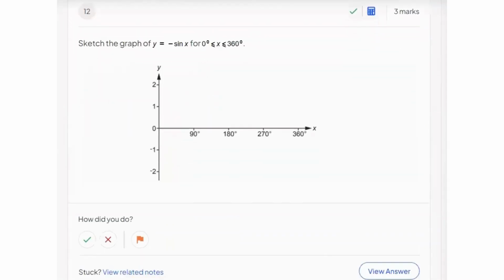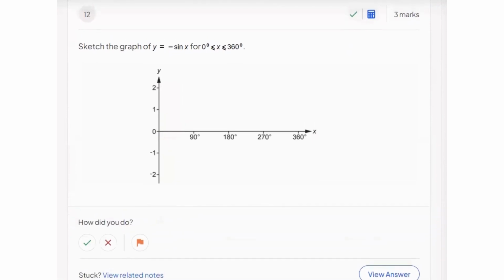For question 12, it says sketch the graph of y equals negative sine x for 0 to 360. First, I want to sketch the graph of y equals sine x so that you understand how we transform it. This is y equals sine x.